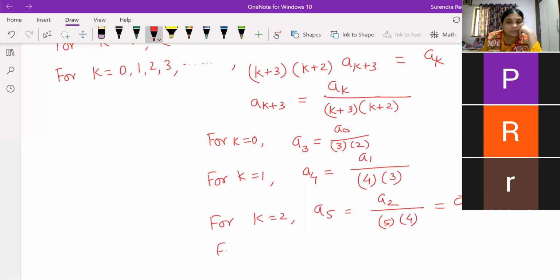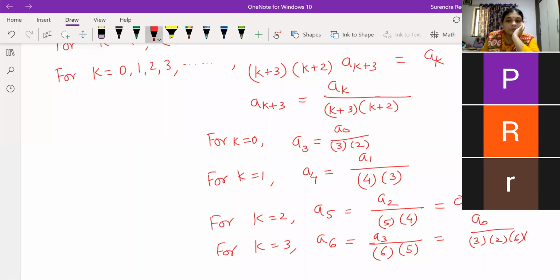Similarly for k is equal to 3, I get a6, which is a3 divided by 6 into 5. a3 is nothing but a0 divided by 3 into 2, so a6 is a0 divided by 3 into 2 into 6 into 5.